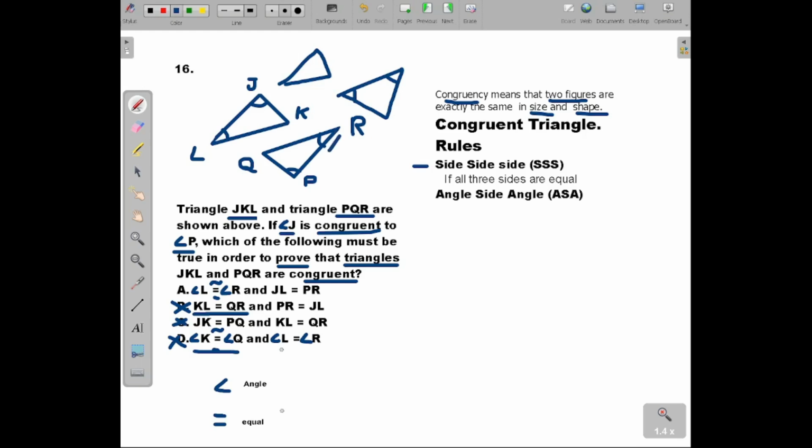This side is equal to JL. And that's one way of proving that the triangles are congruent, because we have two angles that are congruent and one side that is equal. The right answer is A.